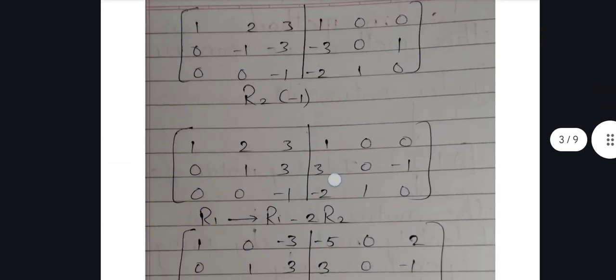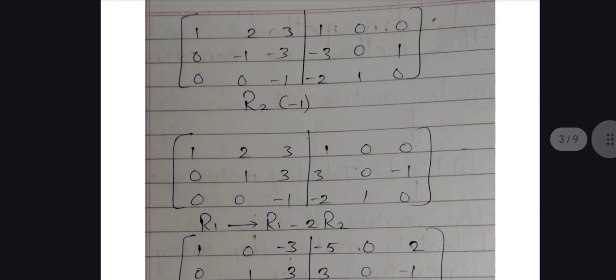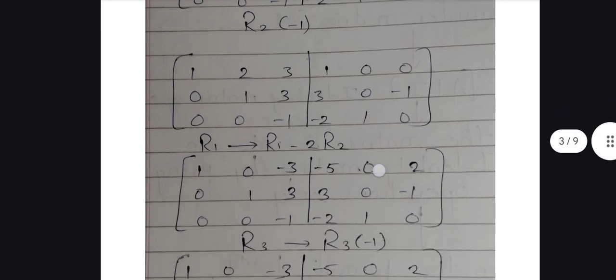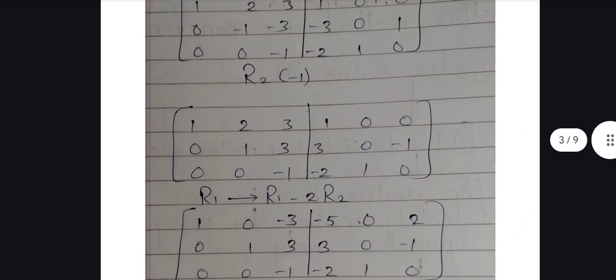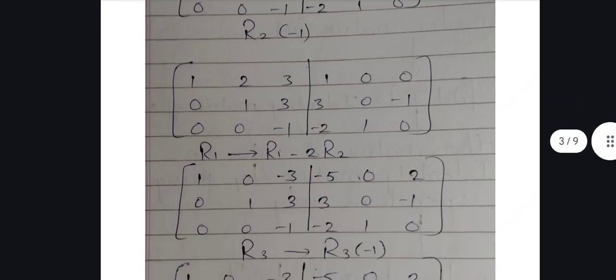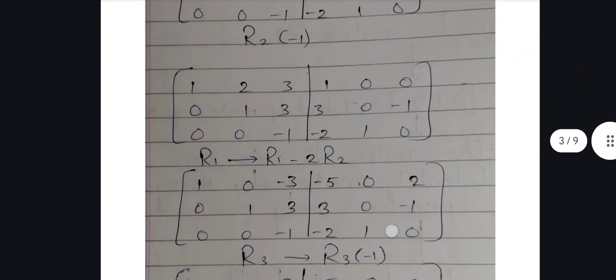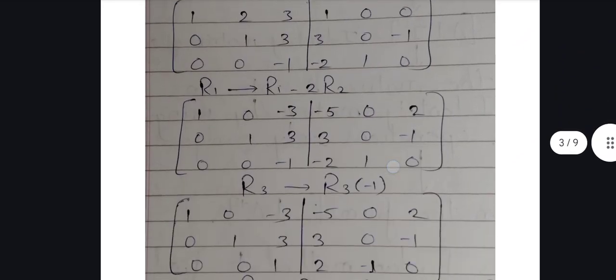So after applying row operations on each and every row, we have to convert the first element to 1 in each row, then the second element. This is how we are converting.